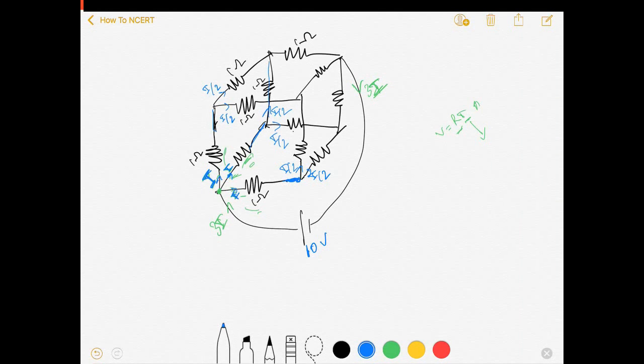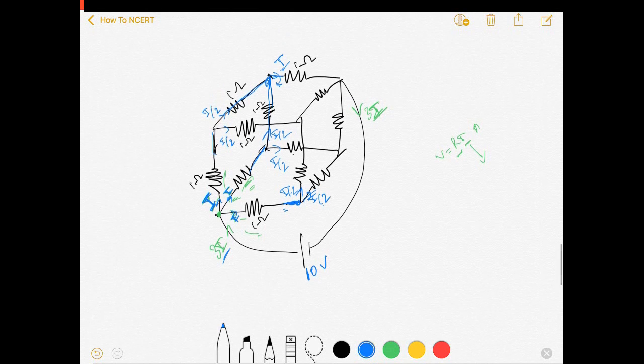Now, the current from here comes, the current from here comes. They combine and they give me a current of I because the current entering is going to be the same as the current leaving, right? Here I had one current coming and splitting into two. I by 2 plus I by 2 will give me I. Here I by 2 plus I by 2 should give me I. Here I plus I plus I should give me 3I. That's the best application of Kirchhoff's first rule.